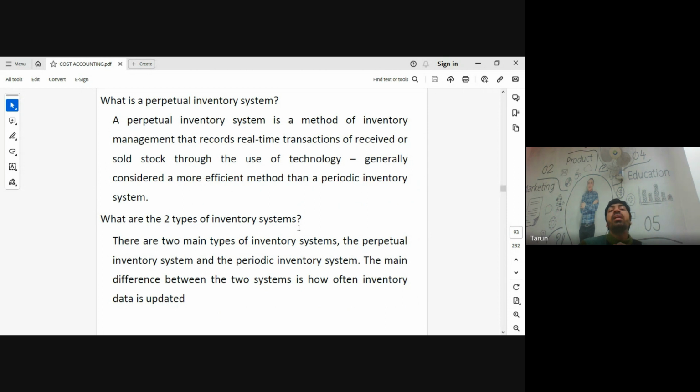Next one is, what are the two types of inventory system, especially for controlling the material? As I told you, the two inventory systems are the virtual inventory system and the periodic inventory system.